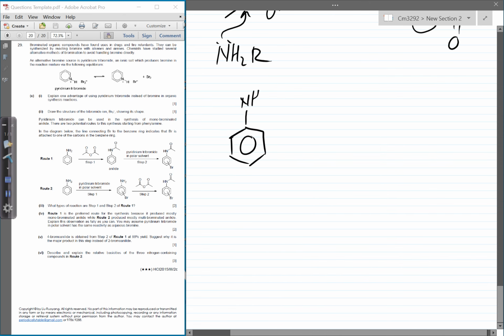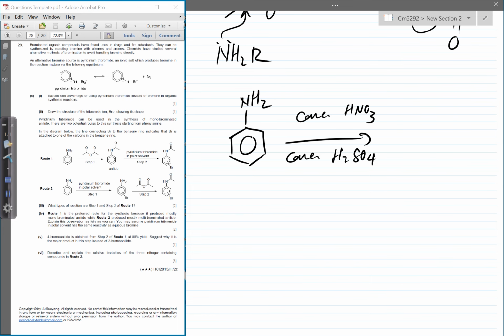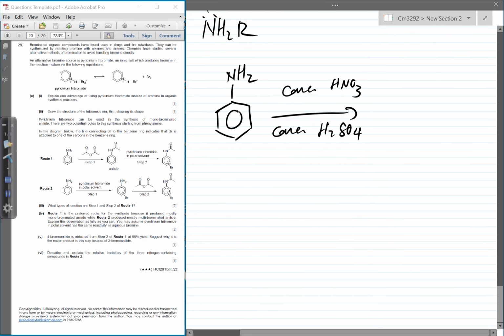One more thing to take note. If you have your phenylamine reacting with con HNO3 and con H2SO4, what will the product be? What would the product be? Phenylamine reacting with con HNO3 and con H2SO4.